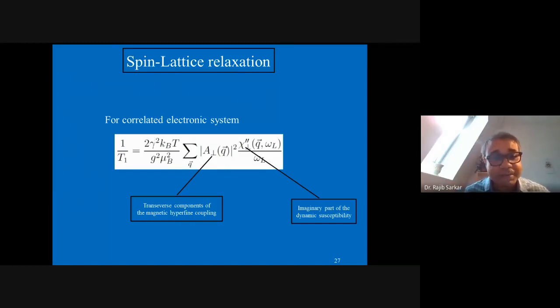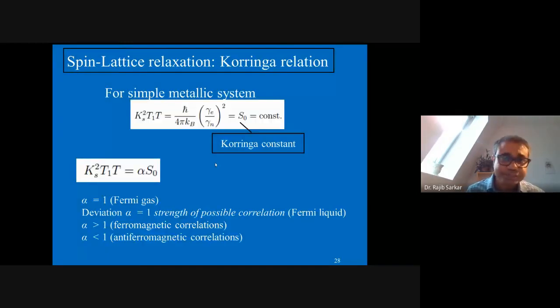Now, if you are talking about the spin lattice relaxation rate in a correlated electron system, 1/T1 is in general proportional to the imaginary part of your dynamic susceptibility and the transverse components of the magnetic hyperfine field. So by this T1, you get information about the imaginary part of the dynamic susceptibility and also the magnetic hyperfine coupling, but only the transverse component. So that's the general equation I have told you.